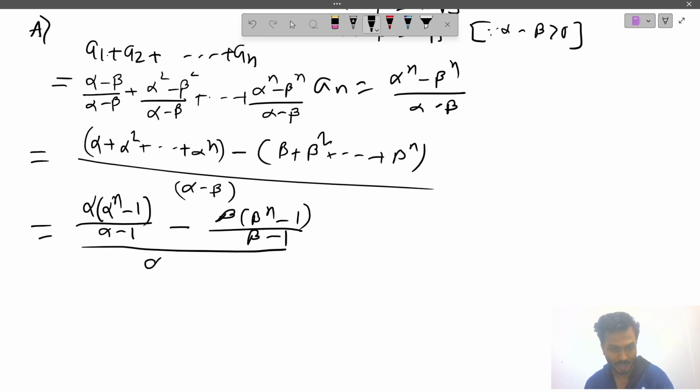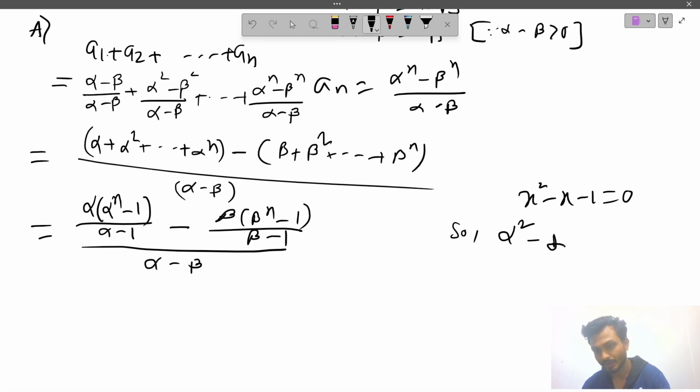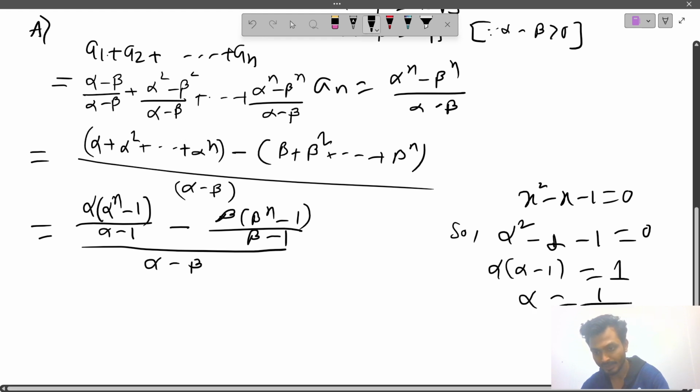Now what was the equation? x square minus x minus 1 equals 0. Alpha is a root, so alpha will satisfy this equation: alpha square minus alpha minus 1 equals 0. So alpha into alpha minus 1 will be 1, so alpha will be 1 by alpha minus 1.